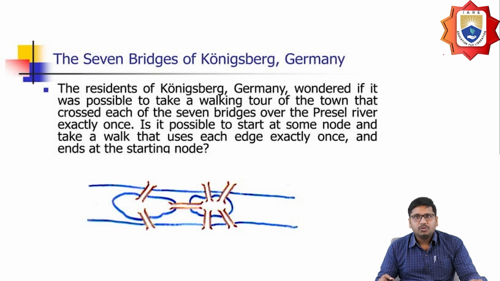Is it possible to start at some node and then take a walk that uses each edge exactly once and ends at the starting node?